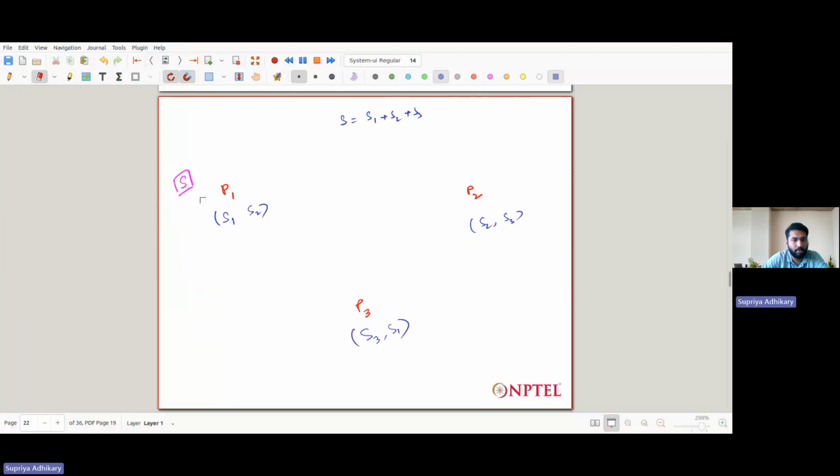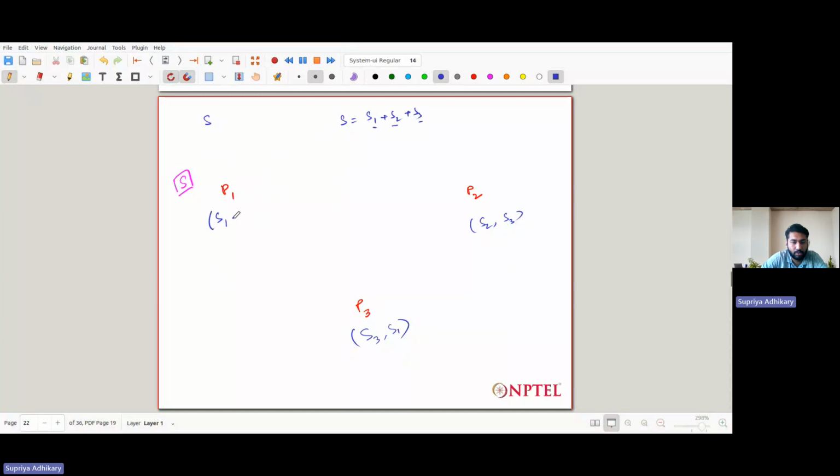So this is what P1 wants to ensure. Now, since P1 already holds the S, it doesn't matter what shares P1 holds. So P1 wants to ensure that P2 and P3 hold these. How can P1 ensure that? One way is that P1 generates S1, S2, and S3.